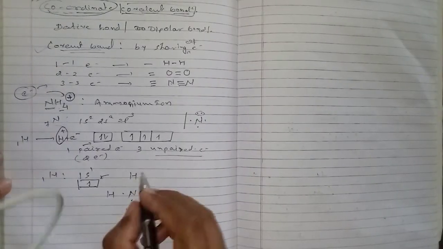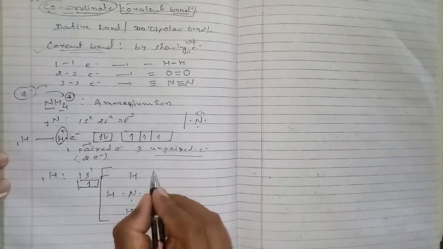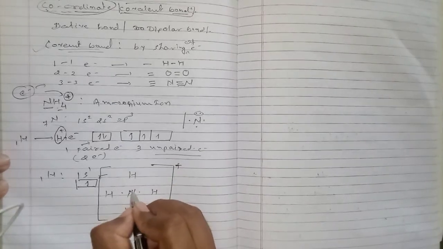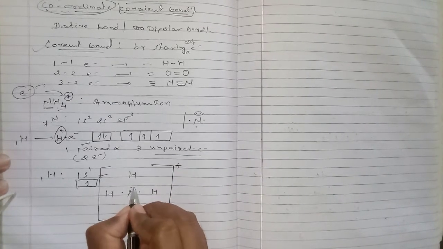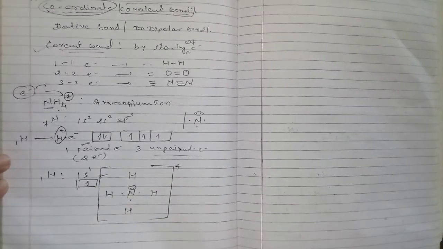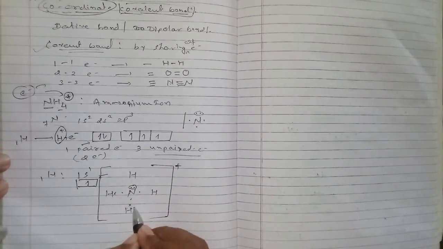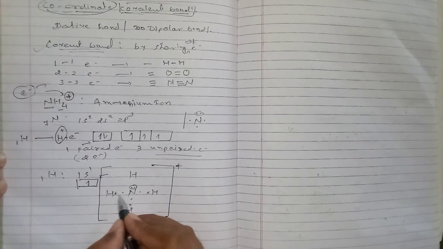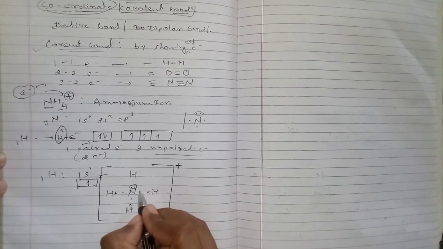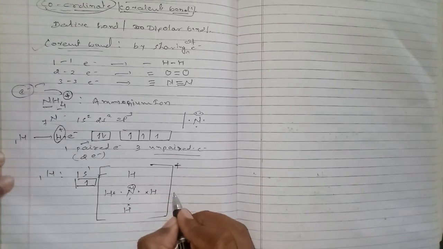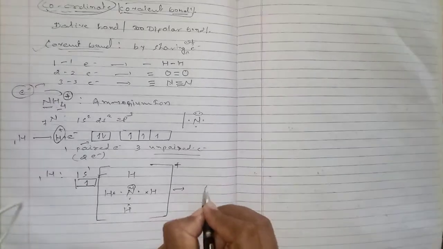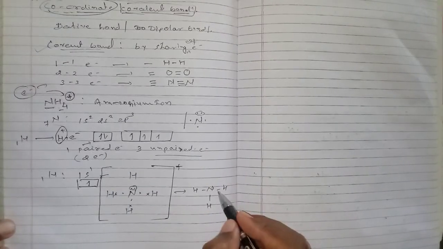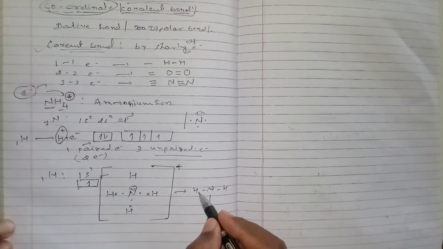Now the three hydrogen atoms each have an unpaired electron, and these three unpaired electrons of nitrogen share electrons with them and form three covalent bonds.